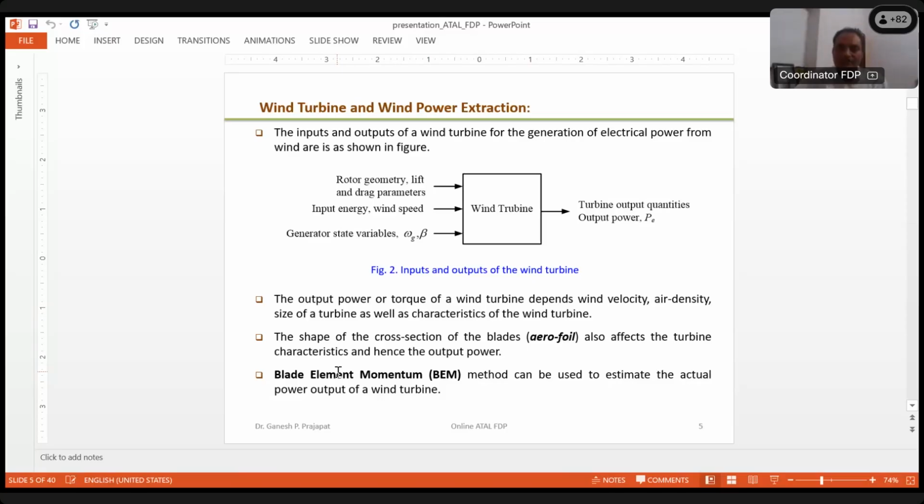Each of these sections creates its own momentum. Since it is rotating, each of these sections will create some momentum, and ultimately that momentum creates some torque.